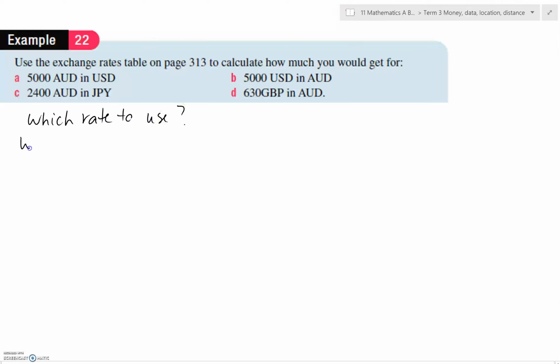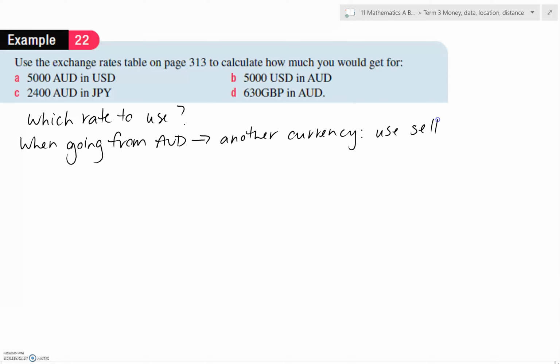Okay, so here's some rules that work. When you're going from Australian dollars to another currency, use the selling rate because you are selling your Australian dollars to get another currency.